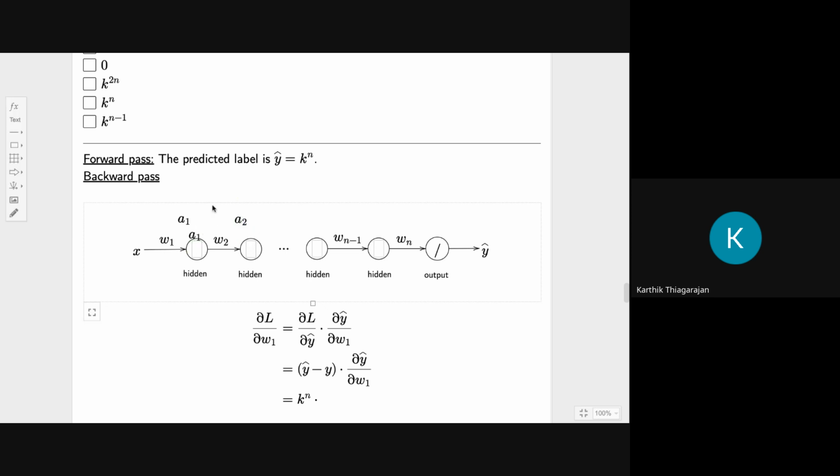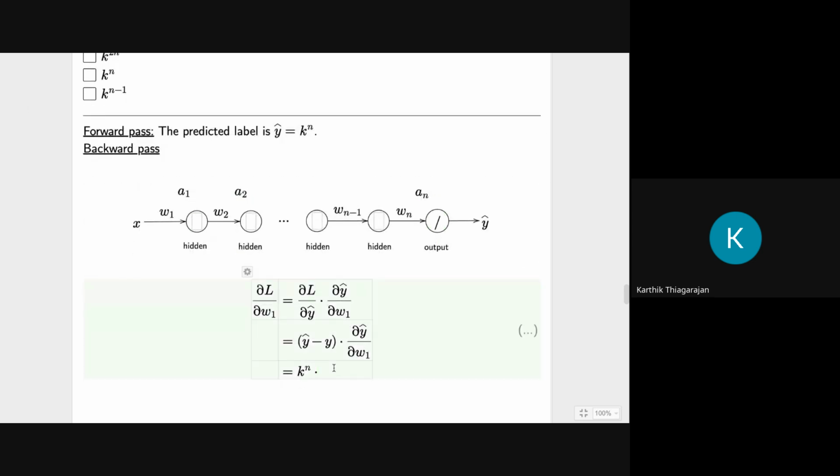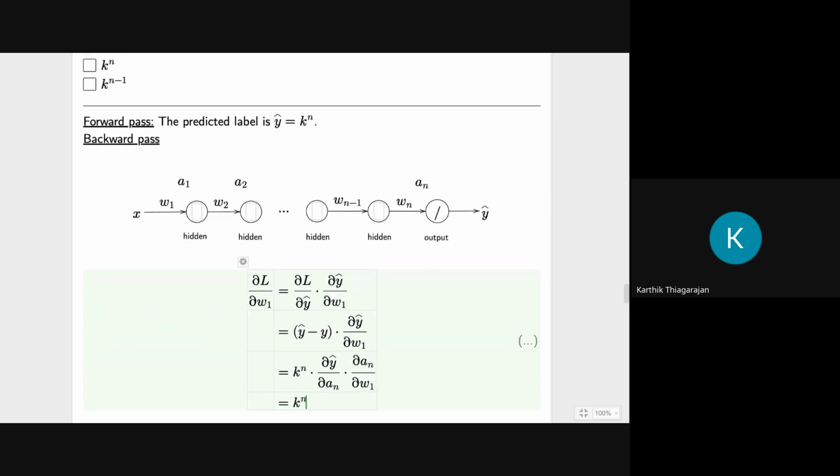Always focus on the pre-activations. When I say a1, it's just before this neuron. Likewise, an is just the pre-activation for the output neuron. So how do I split this? I call this dou y hat by dou W1 into dou y hat by dou an by dou an by dou W1. Now this is k power n, and dou y hat by dou an, what is this?